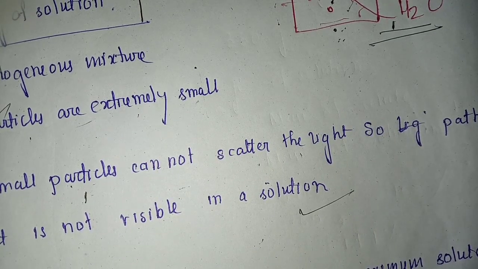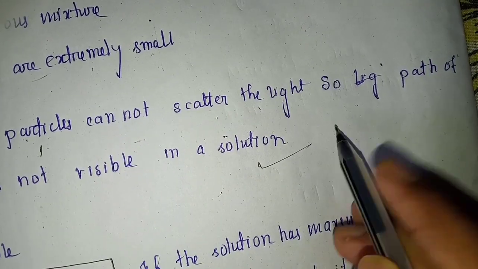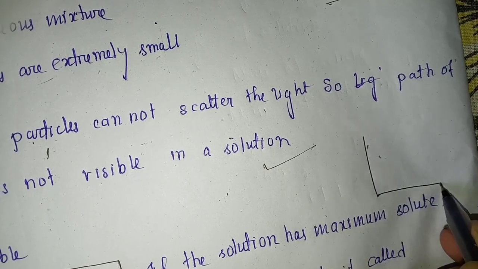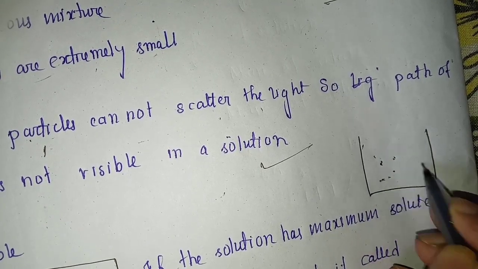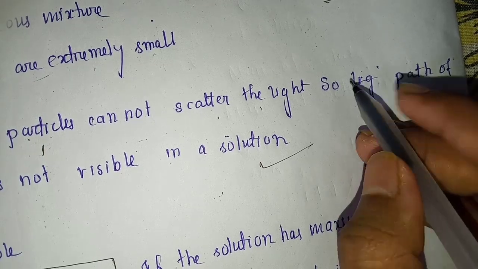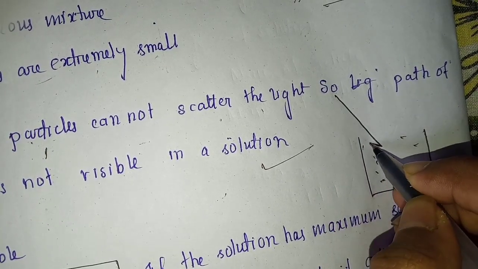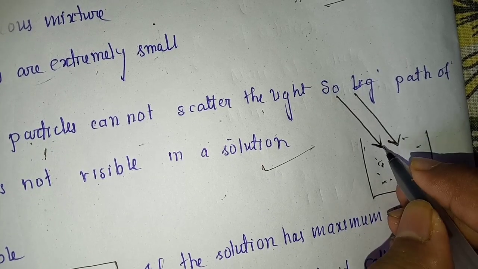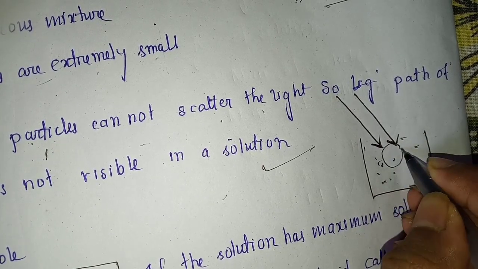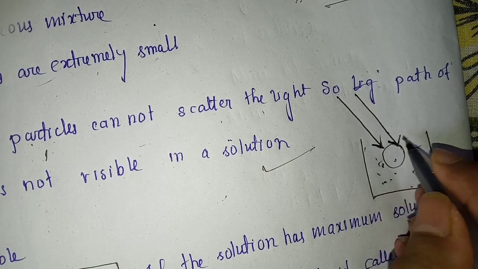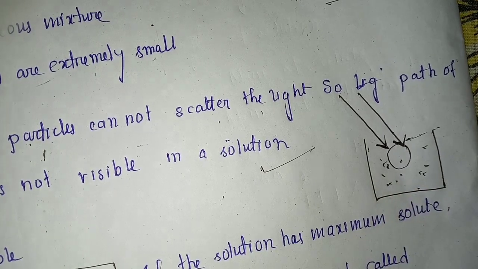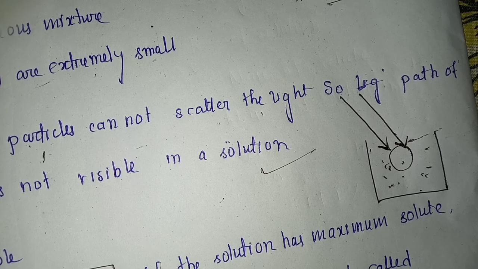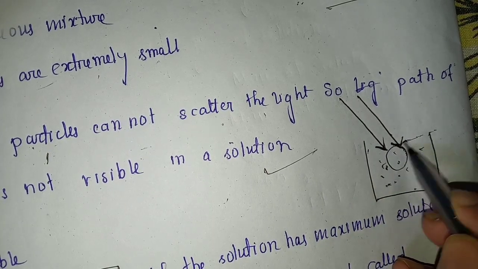Now what did I say? Suppose I have a solution here, and these are the particles of the solution. Now if a beam of light comes into it, say I have a very big particle, then what will happen? The light will be scattered, it will be deflected from its original path. Suppose it used to go there, but it will deflect like that.